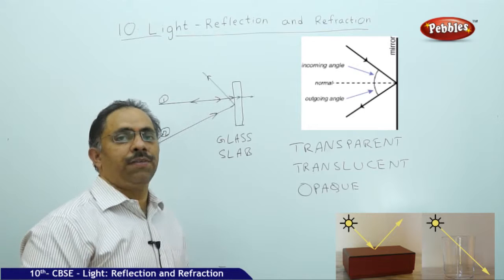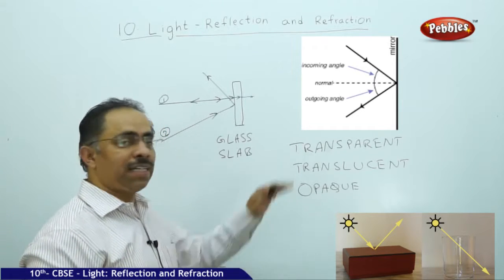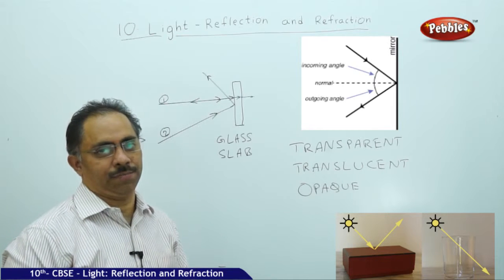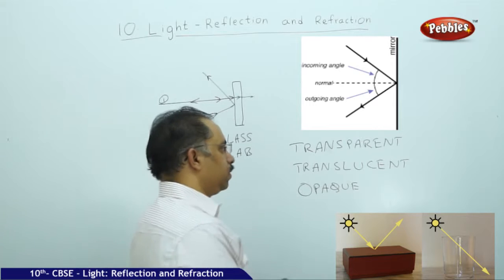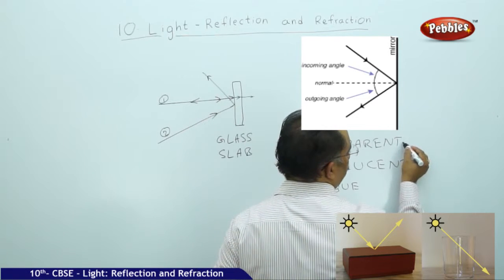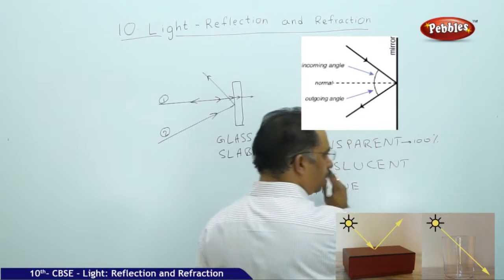What will happen if light is incident on a transparent material? 100% of the light will pass through it, like our glasses. So this is what we call transparent. 100% of the light will pass through it.